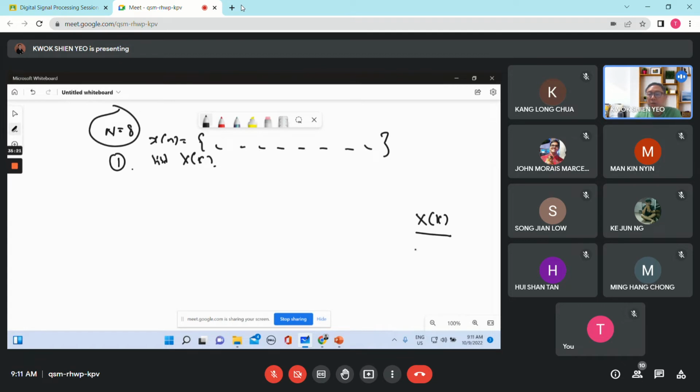So I will start off with the Xk column vector. I need to find this answer, and this is given. The question says N equals 8, please use FFT to find Xk.